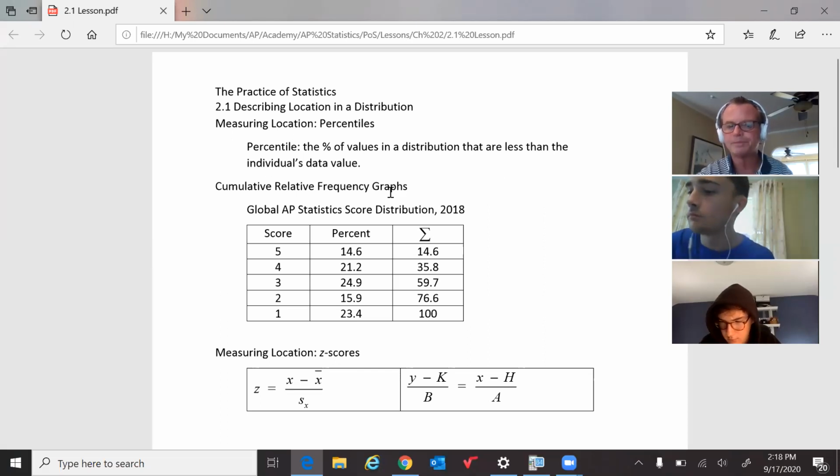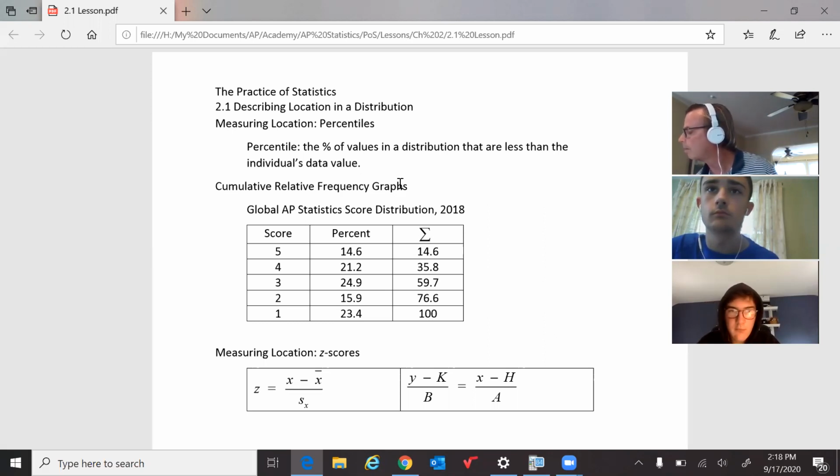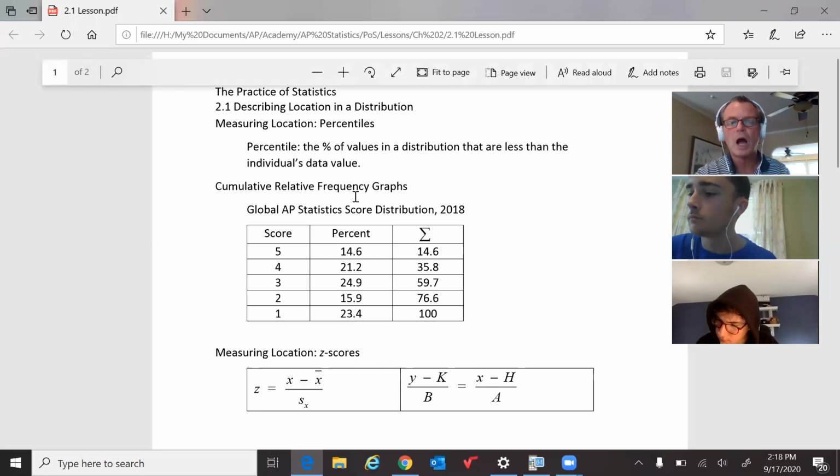So what does that mean? Well, here's a cumulative relative frequency graph. And in the book, we're on page 93, but just to communicate this to you, I used the global scoring distribution for the AP Stat scores from 2018.